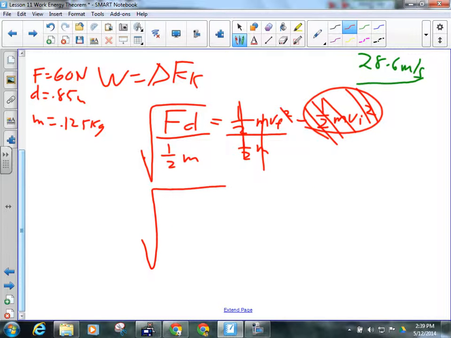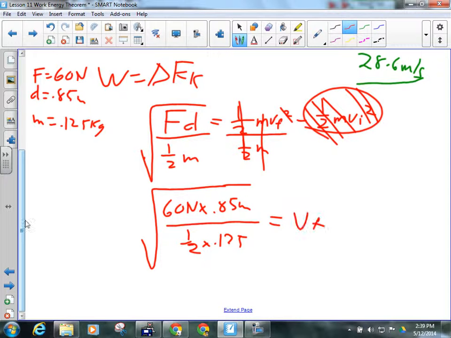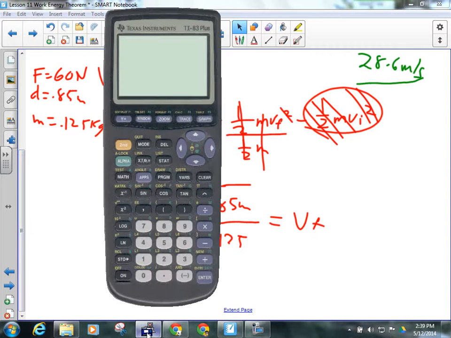So the square root of 60 newtons times 0.85 meters over 1/2 times the mass, which was 0.125, will give us Vf. Now, when you're punching this into your calculator, you have a couple of options. You can punch it all in at once, but you'll have to use brackets, or you can do it piece by piece.